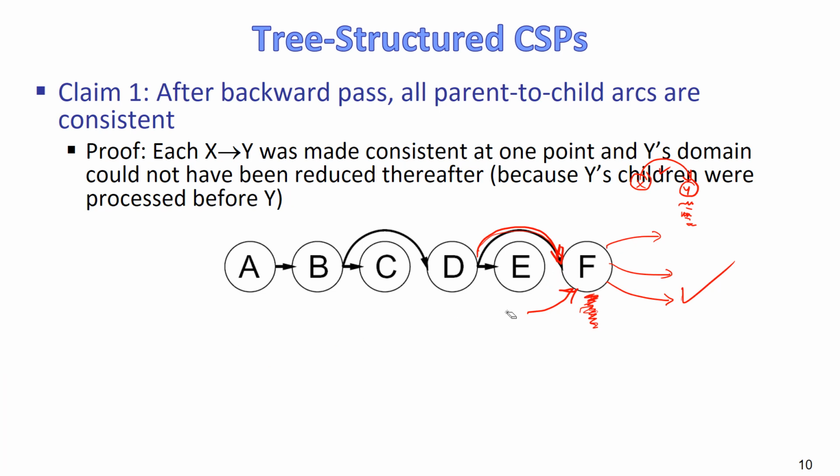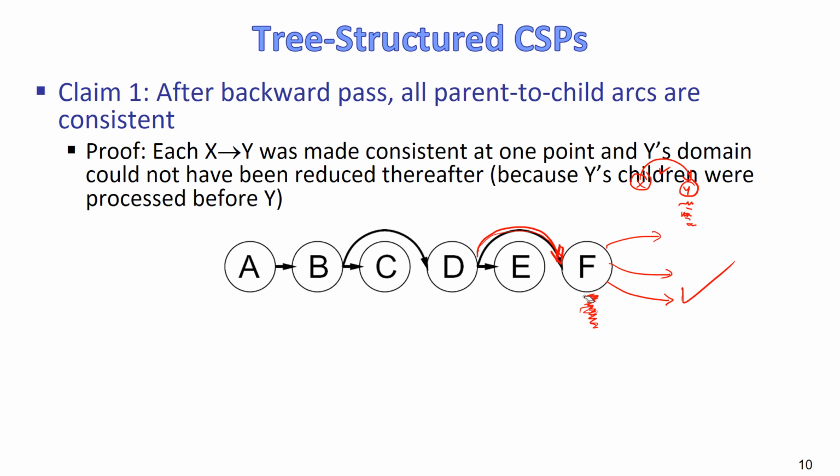Okay? Is that clear? So going backward, because of the order of the arcs that we are checking, we always check the arcs for each node backward, which means that we will process the child first before the parent.